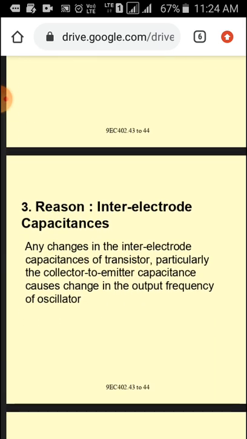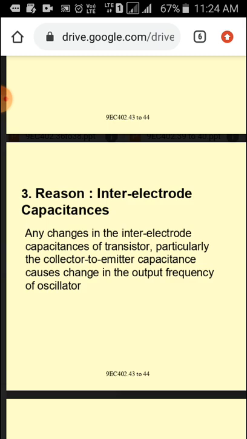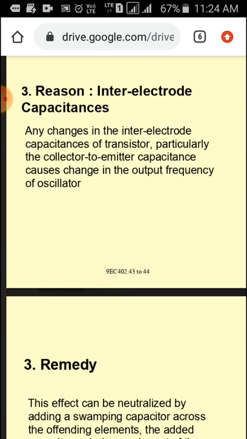And the third reason, inter-electrode capacitances. Any change in the inter-electrode capacitances of the transistor, particularly the collector to emitter capacitance, causes a change in the output frequency of the oscillator.